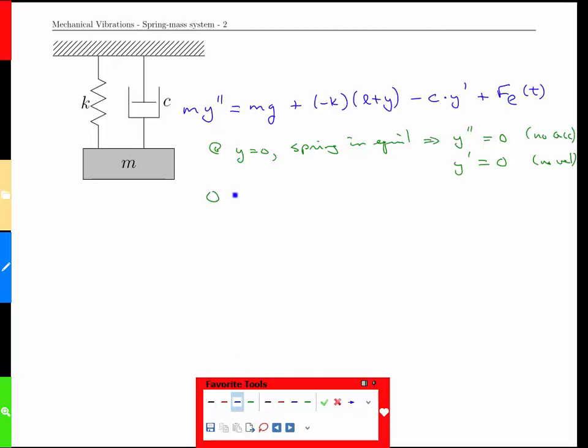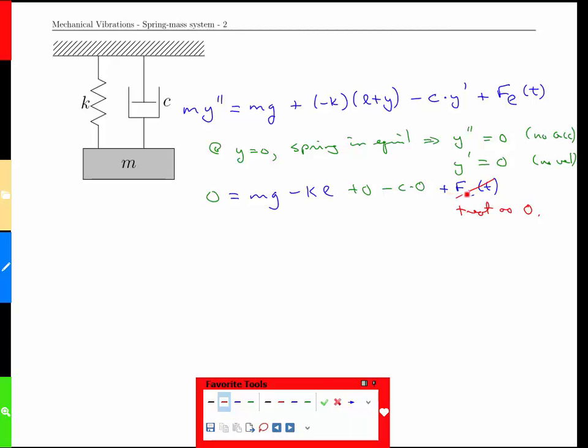What we're going to have is 0 equals mg minus kL plus 0 plus minus c times 0 and an F external. Well, if we're just talking about equilibrium, we can treat that as 0.